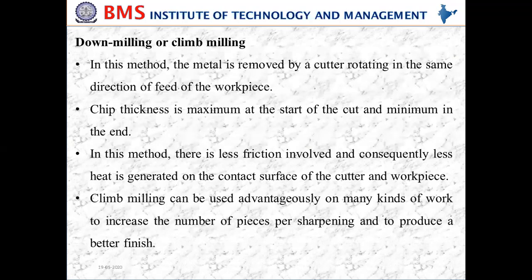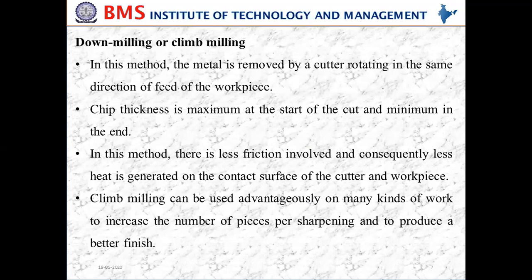And coming to down milling, we can call it down milling or climb milling. In this method, the workpiece is fed in the same direction as that of the rotating cutter.